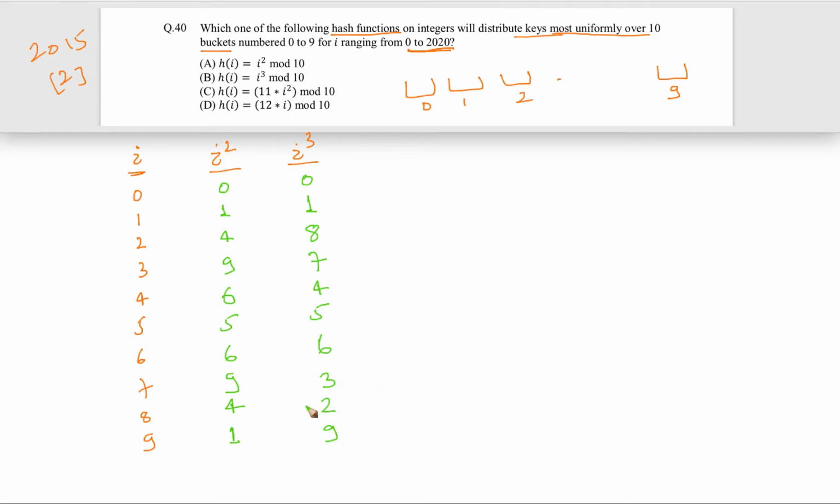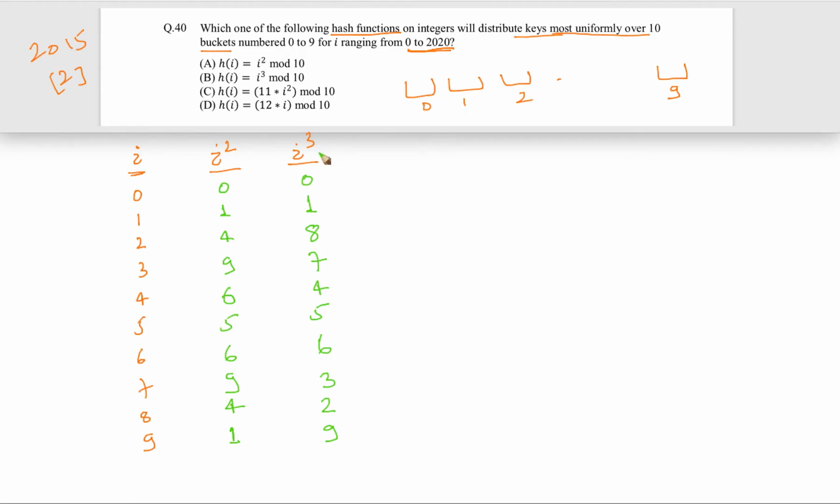Once we have done this, let's understand what is going to happen if we fill this I square mod 10 in these buckets, and what is going to happen if we fill I cube mod 10 in these buckets.